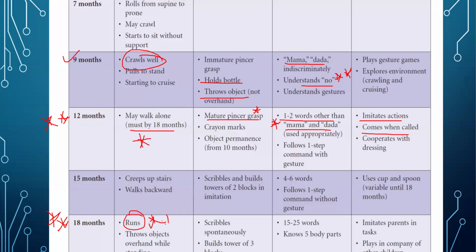They start to run. They can scribble spontaneously, and they can build a tower of 3 blocks. They know their body parts, so that's important. And they start to play in company with other children. So group play. Okay, so 18 months runs, scribble, tower of 3 blocks.